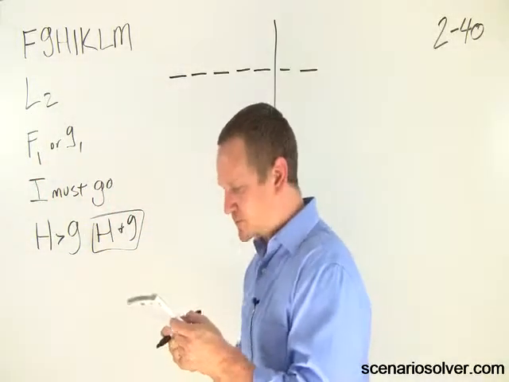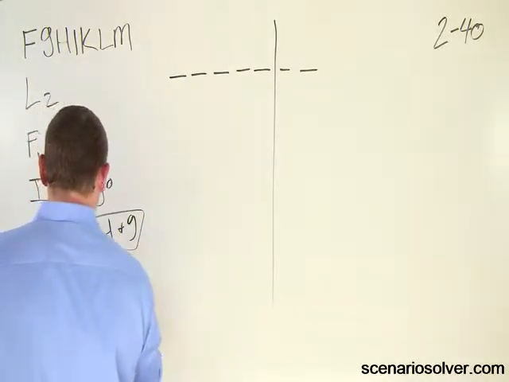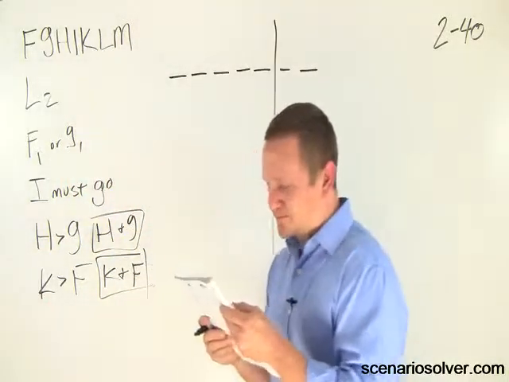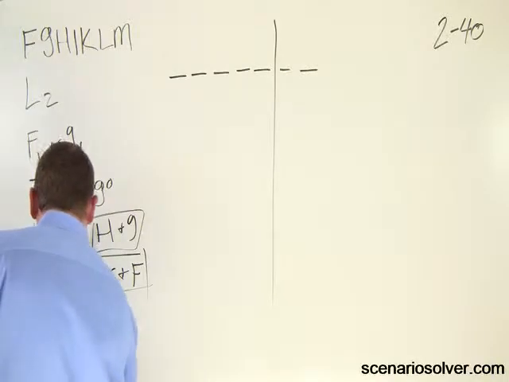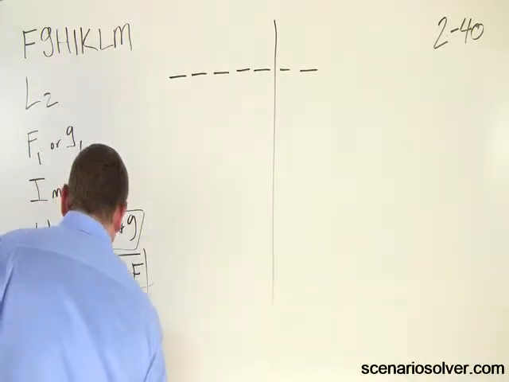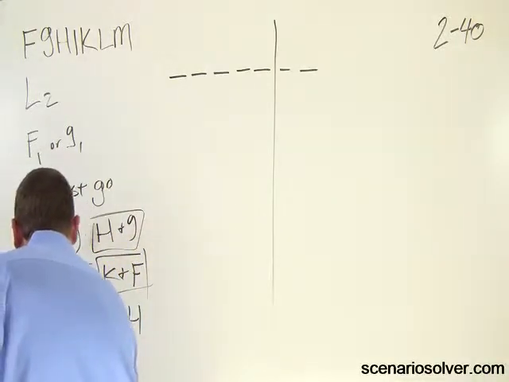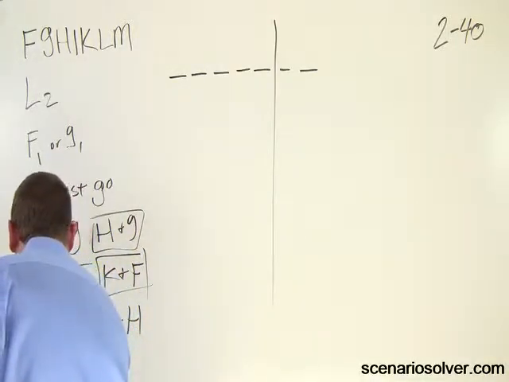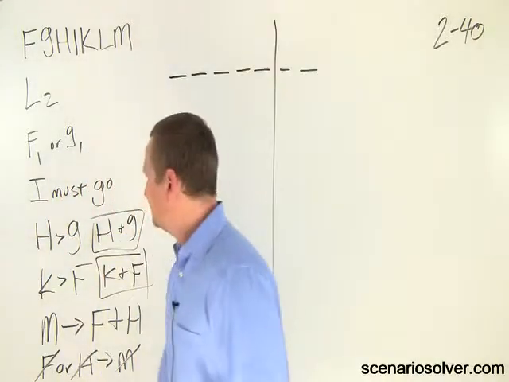K is before F if we have K and F tested. And if M is tested, then F and H are tested. And then that means that if F or H is not tested, then M is not tested.